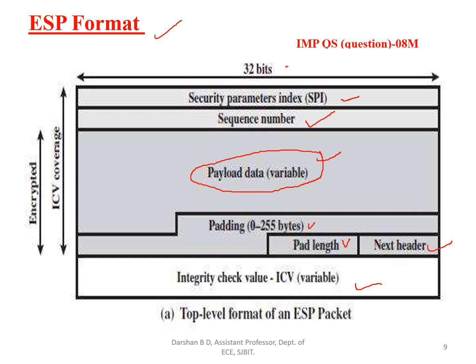The integrity check value covers all the parts, including the security parameter index, the sequence number, the payload and the padding. But encryption happens only for the data, that is the payload and the padding. The integrity check value covers the sequence number and the security parameter index as well.